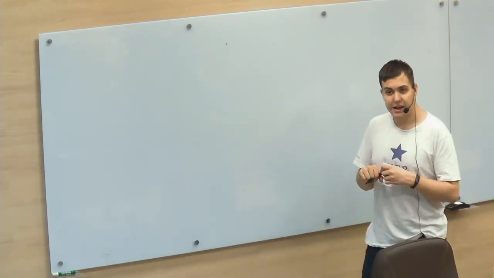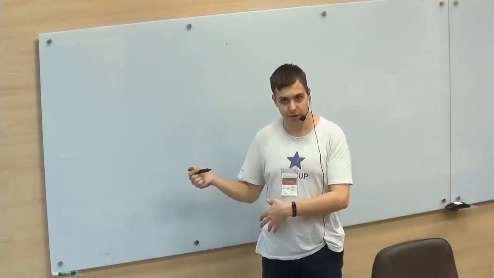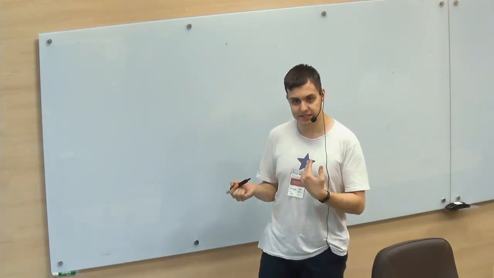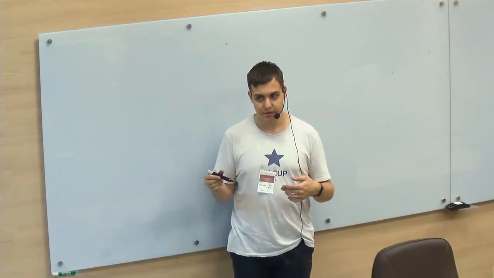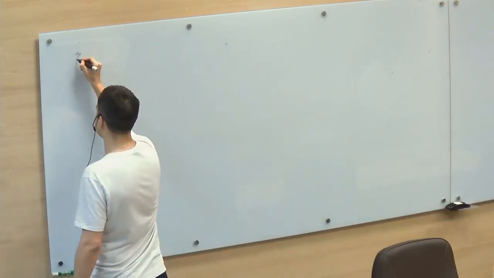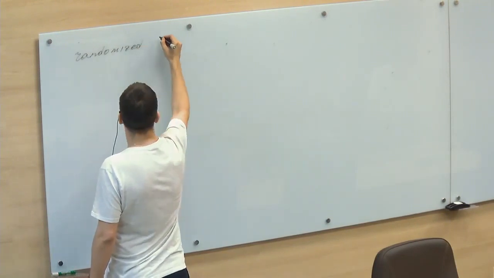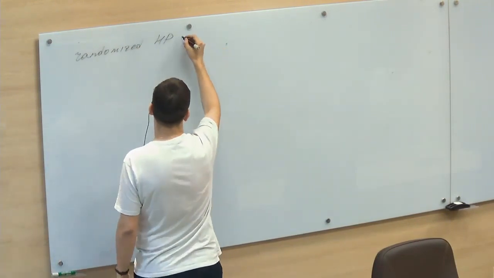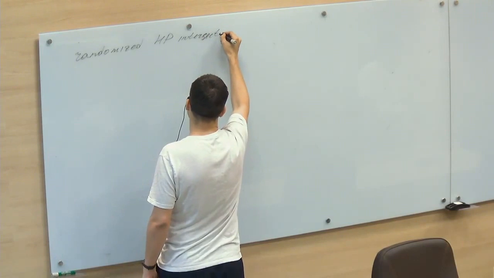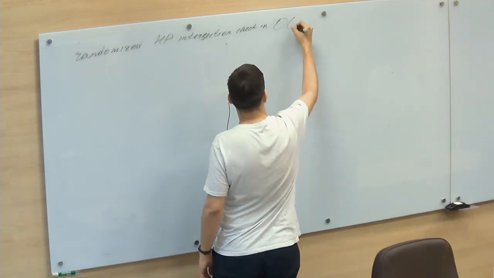Okay, so now let's look at an algorithm that checks if the intersection of half-planes is empty or not. This can be done in linear time, and the algorithm is similar to the one with circle cover, and is also randomized. So, randomized half-plane intersection check in linear time.